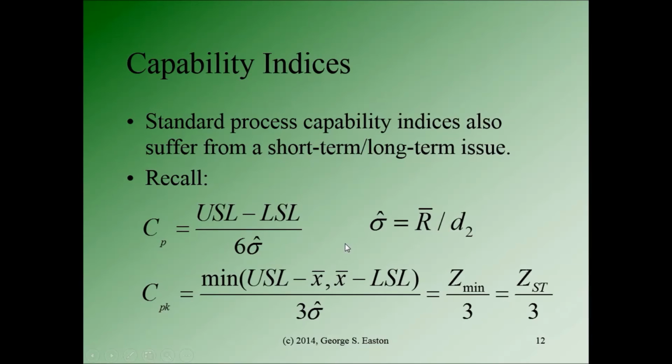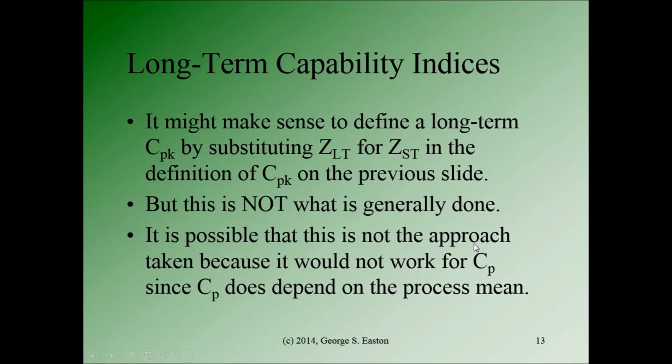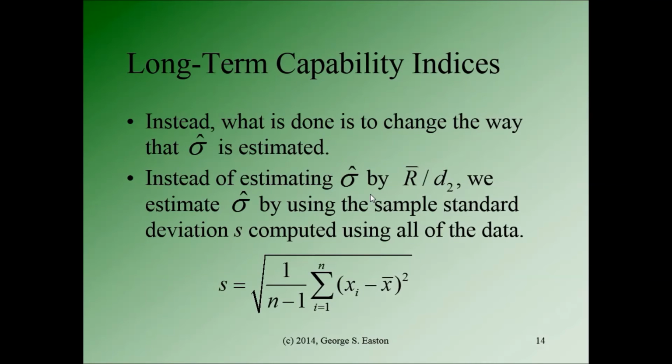Now I also want to remind you that in these process capability indices, the estimate of the process standard deviation that's used is generally also the R bar, the average of the subgroup ranges, divided by the SPC constant D2. So what do we do for these process capability indices instead of substituting ZLT for ZST?